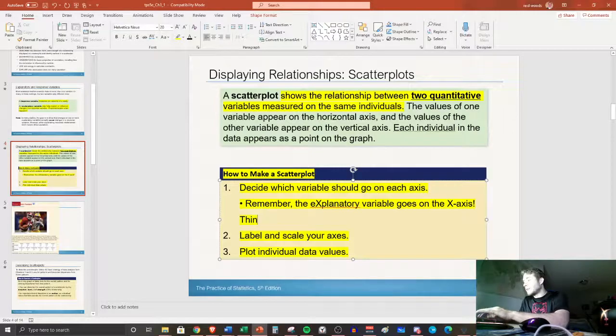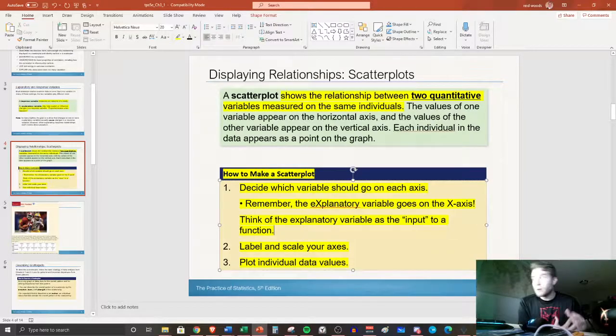And think of the explanatory variable as the input of a function. So we're going back to some algebra concepts here. The explanatory variable is the input, the response is the output. So think input, output, making a function, right? If I plug in a height, I should get out this response, this volume, this y.